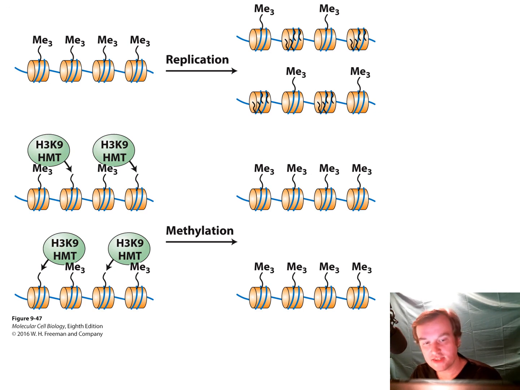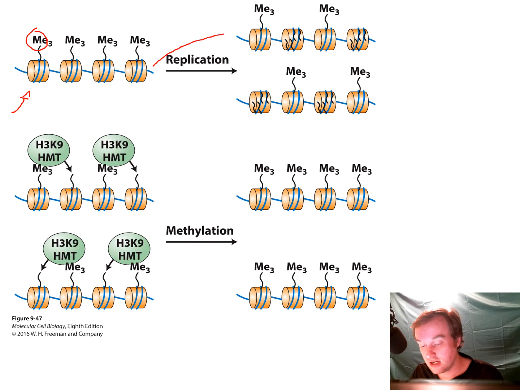So how are these methylation marks maintained following chromosome replication? This is the mechanism here. We have chromosomal DNA replication. As you can see, each histone here has a methyl group added, just as an example, a single methyl group. Then during replication, those histones randomly associate with one of the two daughter chromosomes.